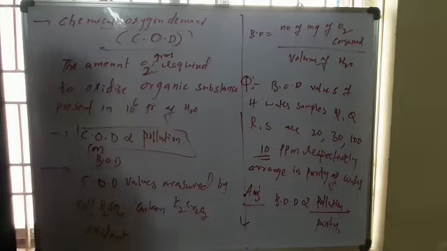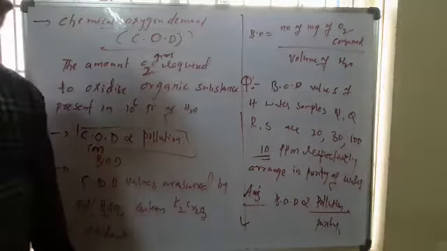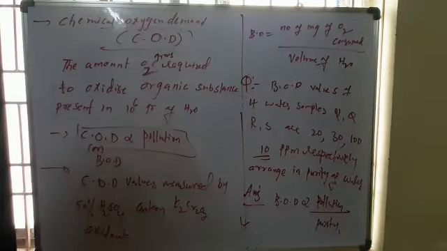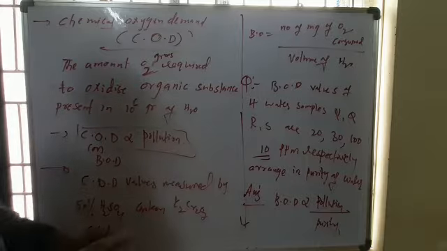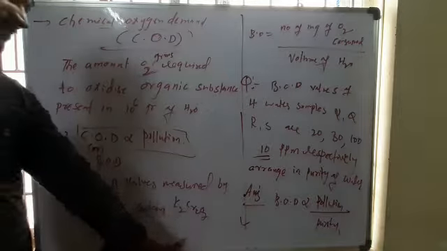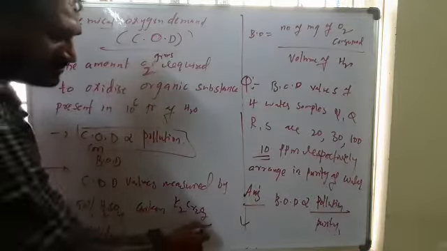By using potassium dichromate oxidant, COD values can be calculated. This is a good oxidant.